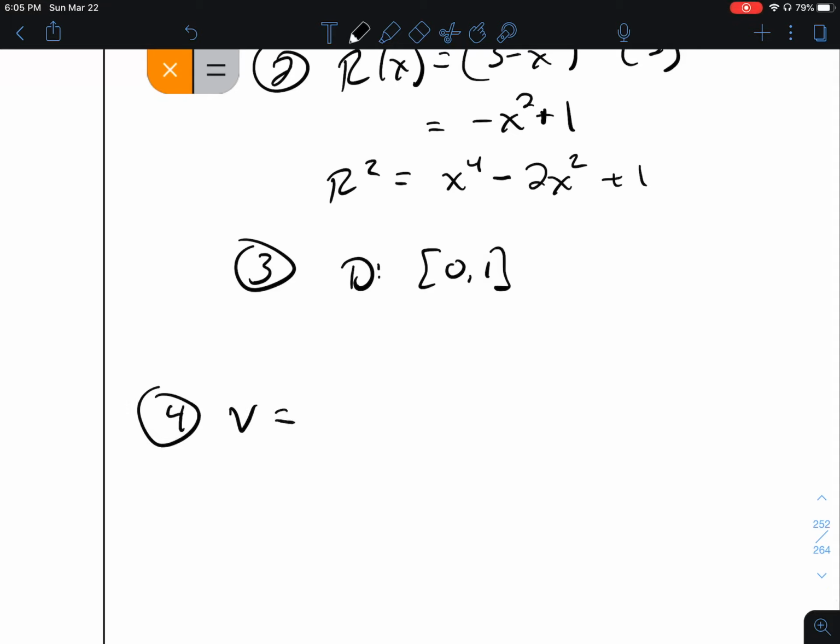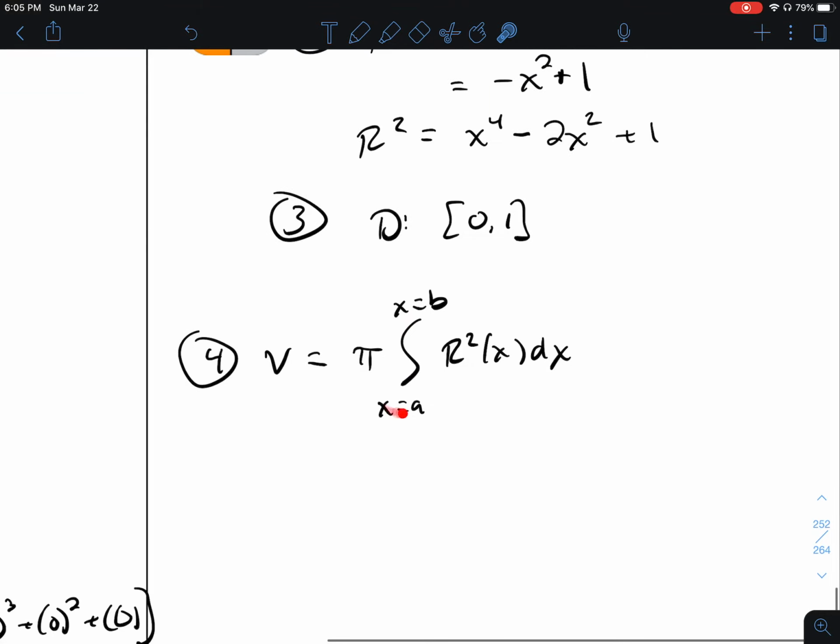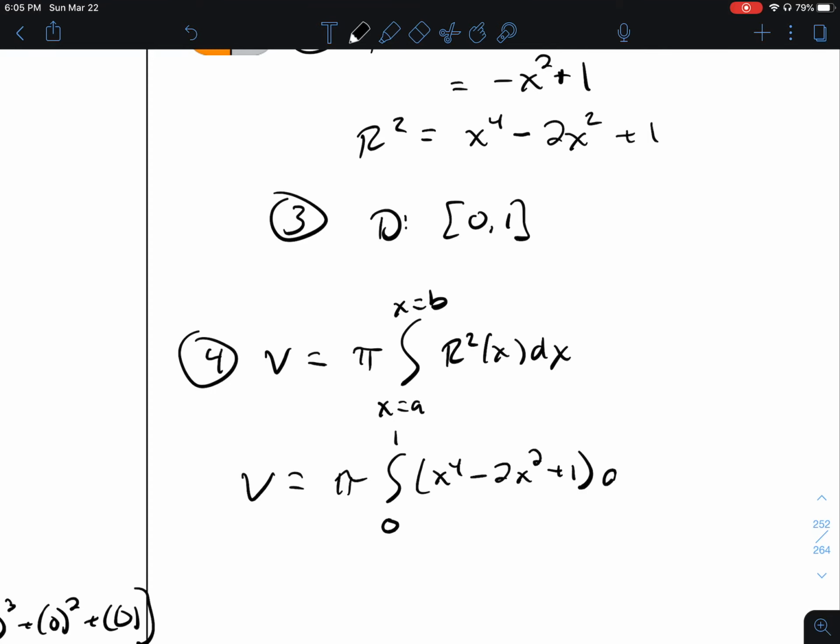The volume every time is pi times the integral of r squared dx, and we're going from x equals a to x equals b. I'm emphasizing this x business because sometimes this is with respect to y, and then it's y values. The specific problem, we are integrating from 0 to 1, x to the fourth minus 2x squared plus 1.